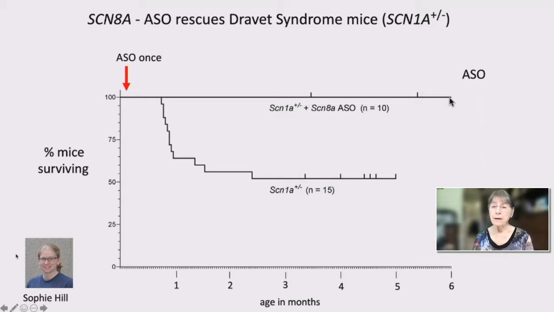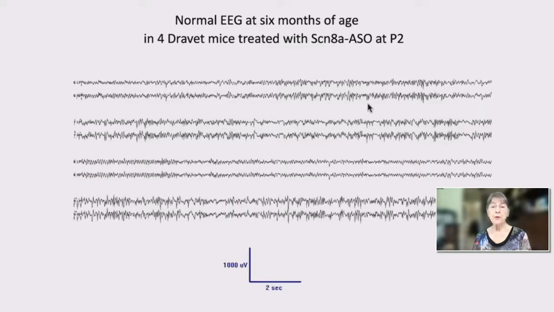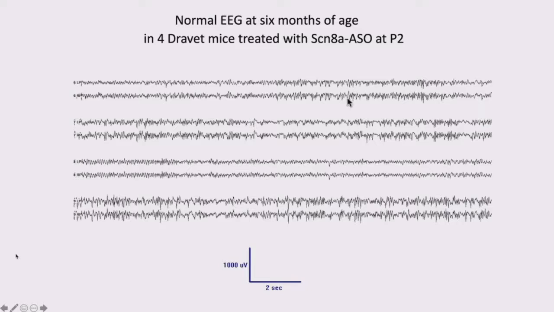And we think that is probably because the mice go through a very critical period at 3 to 4 weeks of age. And if we can get them through that threshold, then they are okay with only half a normal complement of 1A. And in fact, we did a lot of EEG monitoring in Jack Parent's lab, and we never saw any abnormal EEG patterns.